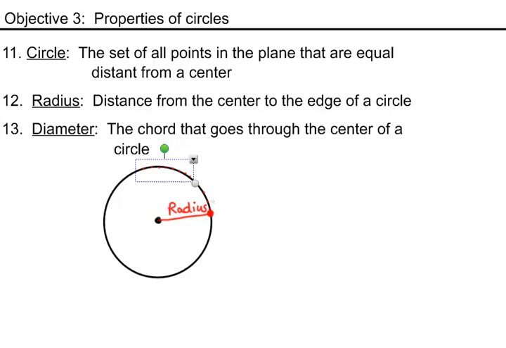It is the distance from the center to the edge of a circle. Okay, now we have the diameter, and the diameter is all the way across. We're connecting 2 points on a circle, and we're going through the center. So the diameter is going to be twice the size of the radius.